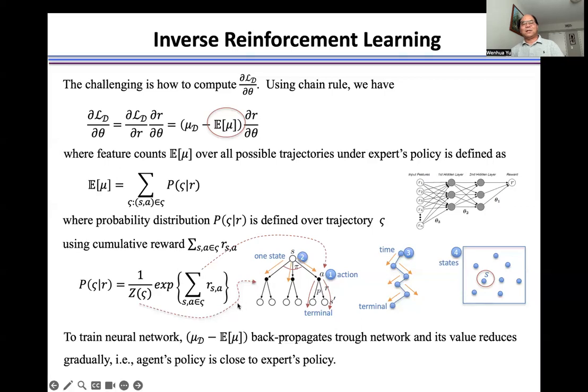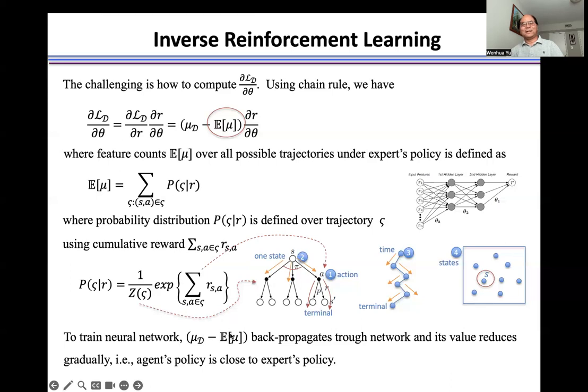We use the gradient of the loss function to update the model parameters theta step by step, and each step improves the feature counts under the agent policy. This means the agent policy gets closer to the expert policy at each iteration.